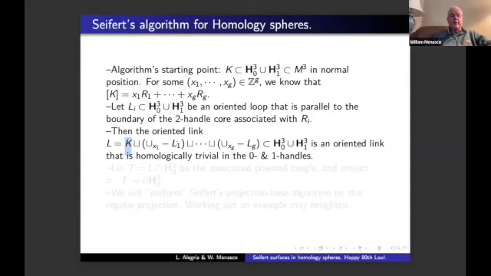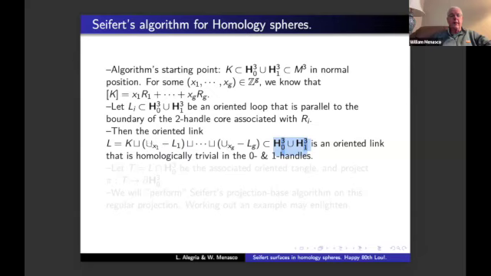and you take x1 disjoint copies of minus L1. L1 is the link that's associated with the R1 relator, that is just the boundary of the core of that two-handle disc, pushed into your zero handles and one handles, and you do that for each one.